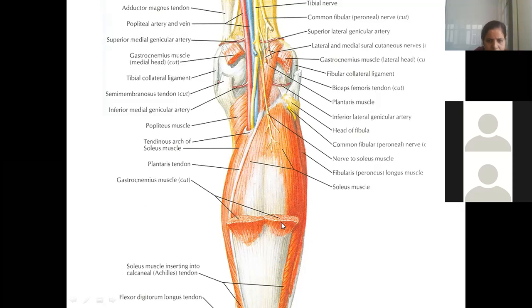So which muscle has been cut here? Gastrocnemius. Below which you are finding soleus, like our foot sole, chappal sole shaped muscle. In between gastrocnemius and soleus, can you see this muscle? Plantaris. Do you remember palmaris longus in the upper limb?